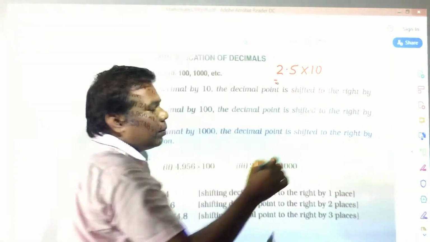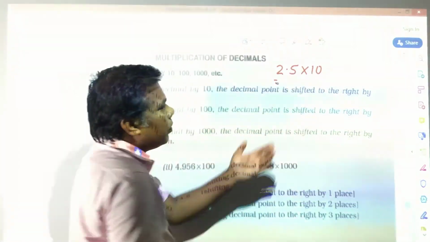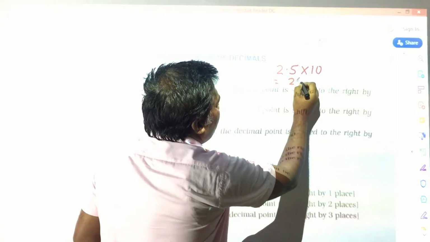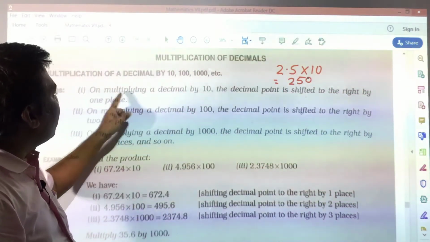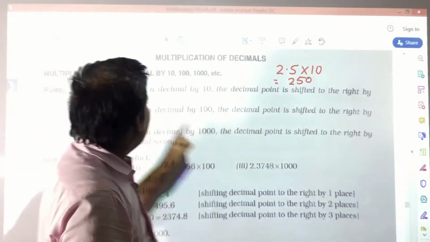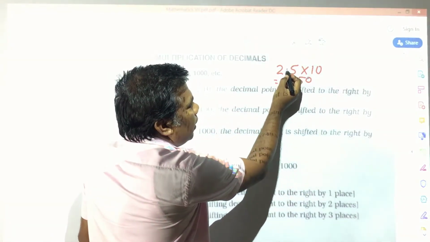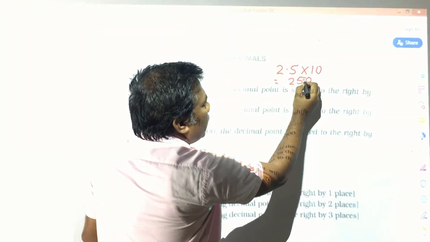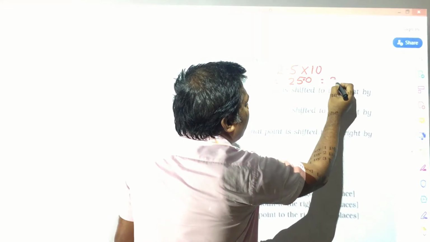Simply, without the decimal, if you multiply this, you get 2, 5 and 0. The first rule is: on multiplying a decimal by 10, the decimal point is shifted to the right by one place. The decimal you had here will shift to the right one place. So, finally, what you have got? 25.